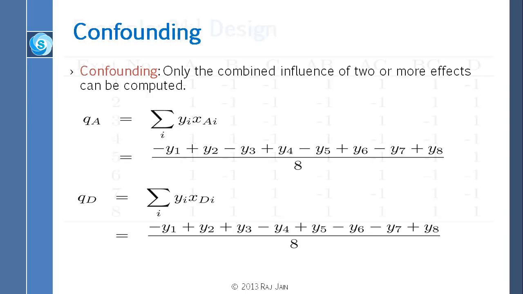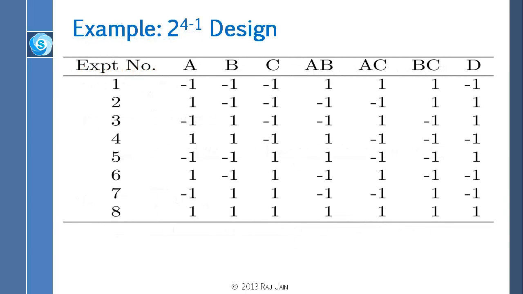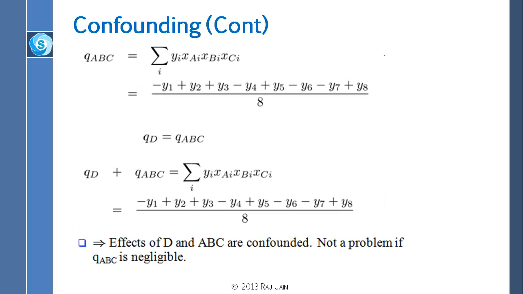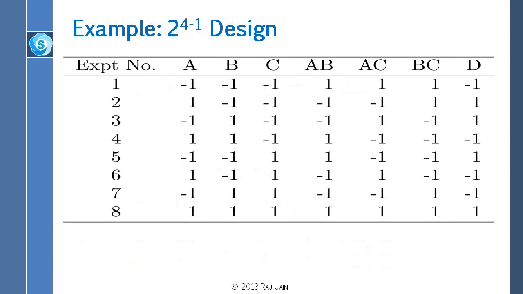So if you were to write a column for ABC, it will have the same values, and when you multiply with Y, you will get the same values for ABC. So really what you're getting is something which confounds D and ABC, which combines those 2. Okay. If you were doing a 3-factor design, then yes, your Y would be different.